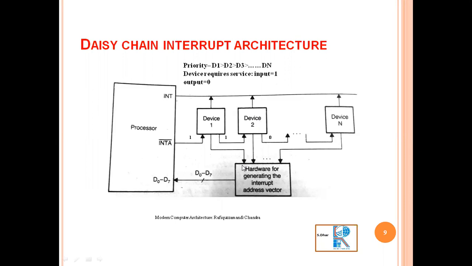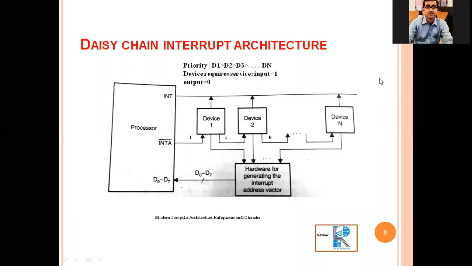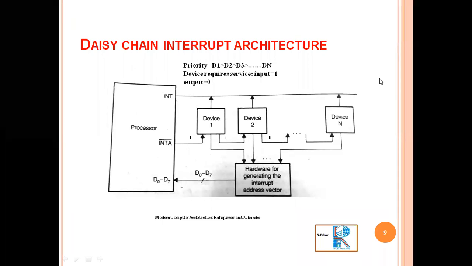Okay, now how it works. See here, the processor is connected with the different devices. This is the interrupt line of each of the devices. This one, this one, this one. These are the interrupt lines. So suppose 3 or 4 devices generate the interrupt signal. This is generating the interrupt signal, this is generating it, this is generating it.